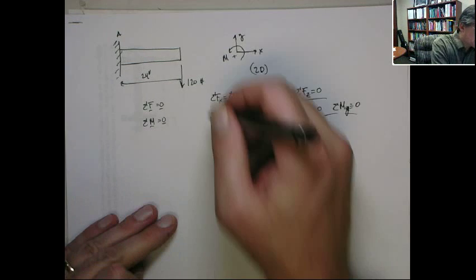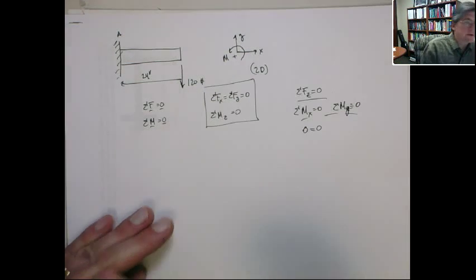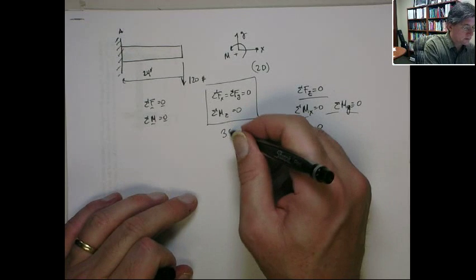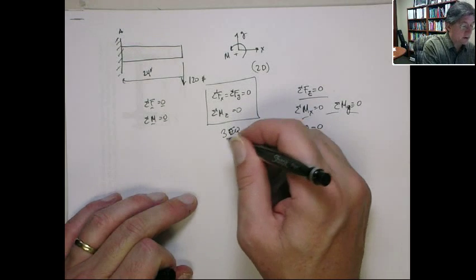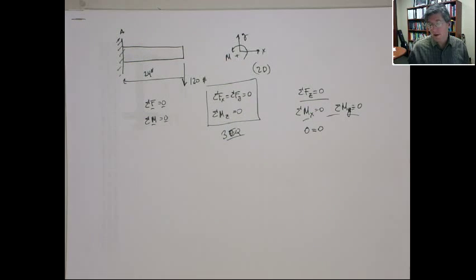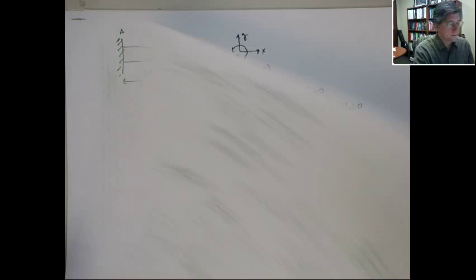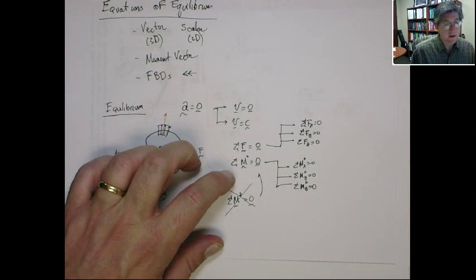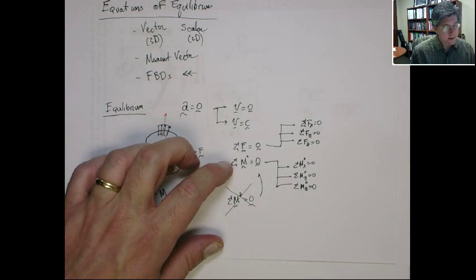So this implies a reduced set of scalar equations, really just 3 equations, as opposed to the 6 scalar equations before. I guess I didn't mention that. When we do vector sum of forces, that's a single vector equation, and the same for sum of moments.